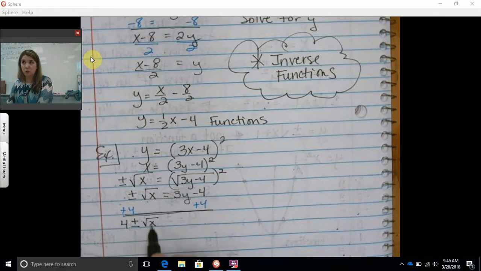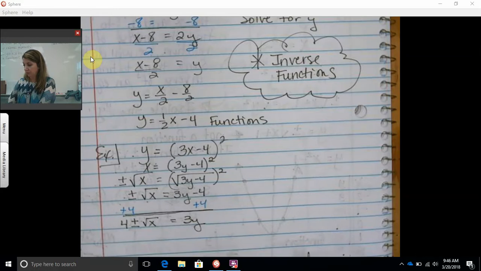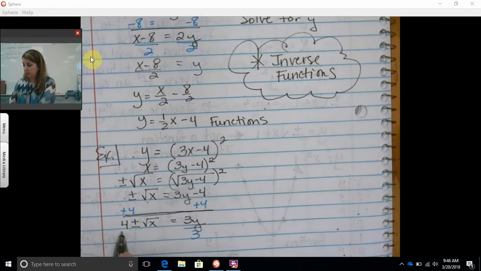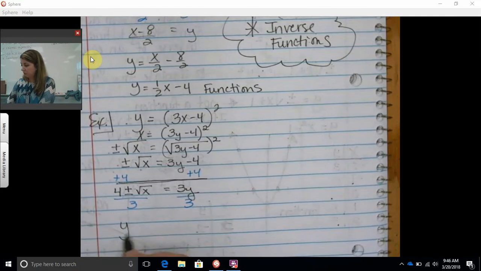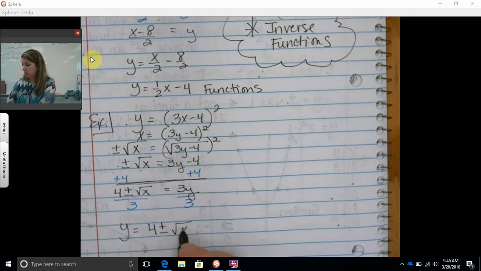That means 4 plus the square root of x and 4 minus the square root of x equals 3y. Divide by 3. I can divide the whole thing by 3. I can do it separately. And so I got y equals 4 plus or minus the square root of x all over 3.